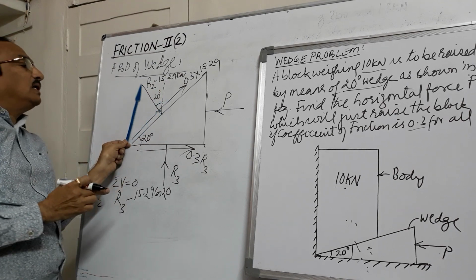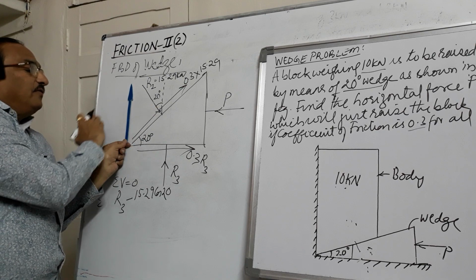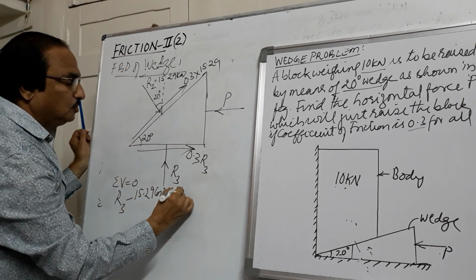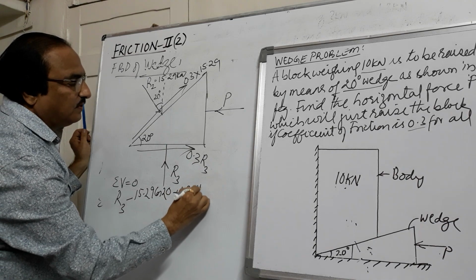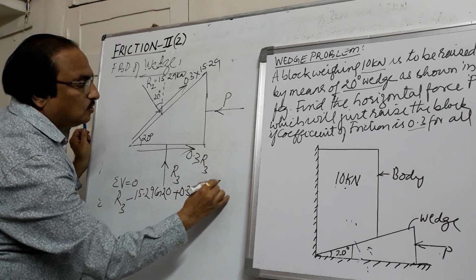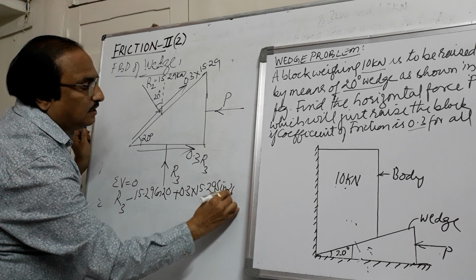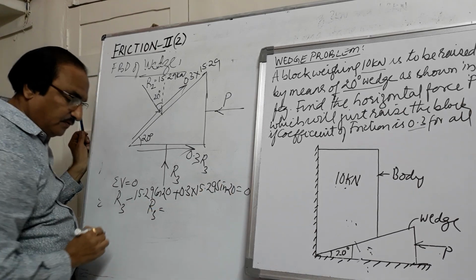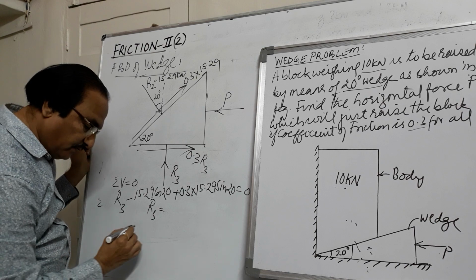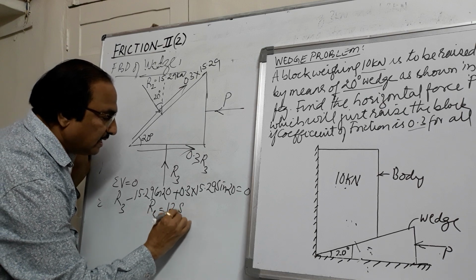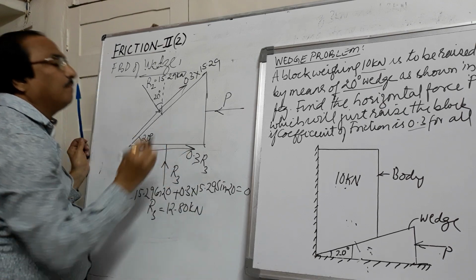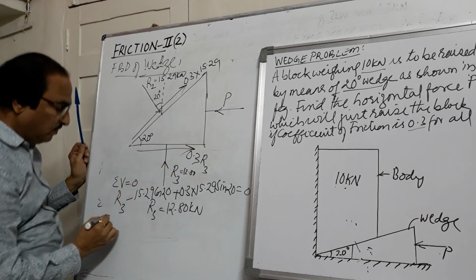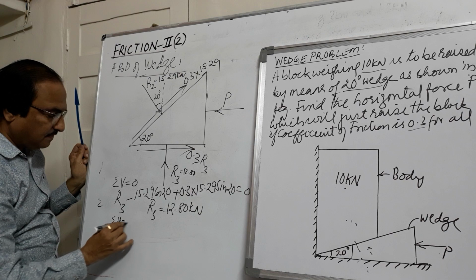If I resolve it vertically, it is going away from 20 and it is going up, so it will be plus 0.3 into 15.29 into sine 20, equal to 0. So the only unknown here is R3, and if you simplify, you get the value of R3 is 12.80 kilonewton.